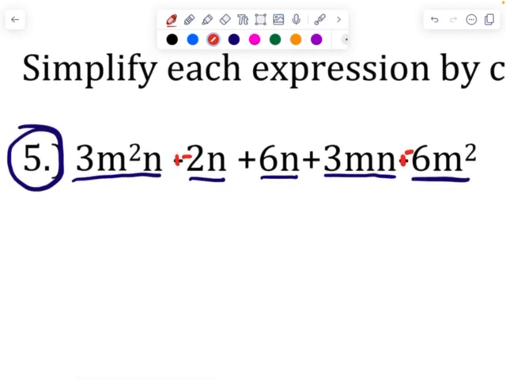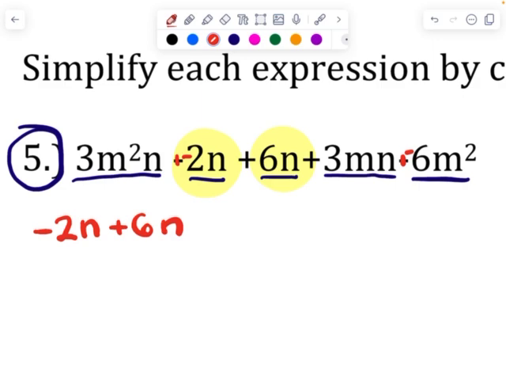All right, so I'm going to be looking for any like terms that I can get next to one another using the commutative property. So I see that I have negative 2n and 6n. Okay, well, let's write those together. Negative 2n plus 6n.